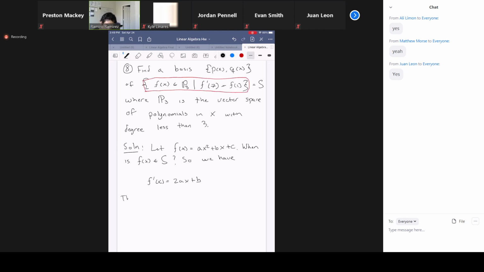Then evaluating f prime at 7 is going to give me 14a plus b, and evaluating f at, sorry, f of 1, is going to give me a plus b plus c. And we know in order for that to be in the subspace, these two have to be equal.